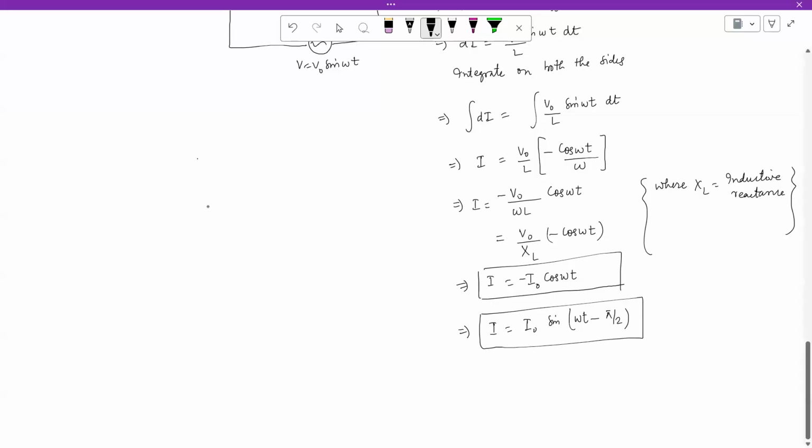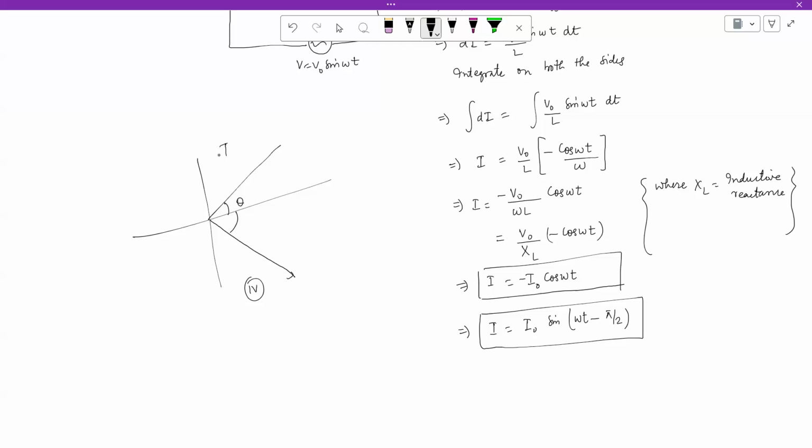Sine of theta, and if I come in this direction, this is omega t minus pi by 2, or theta minus pi by 2, so it will come in the fourth quadrant. And in the fourth quadrant, what would be the sine angle?